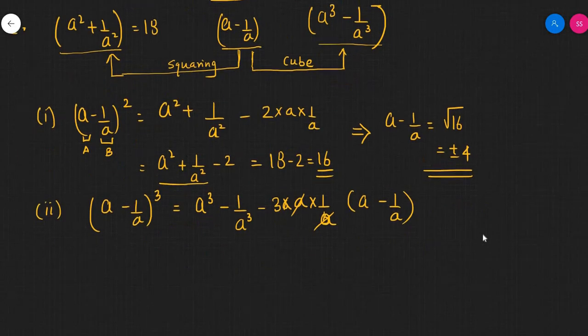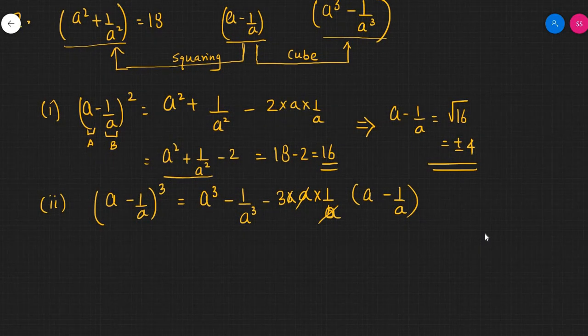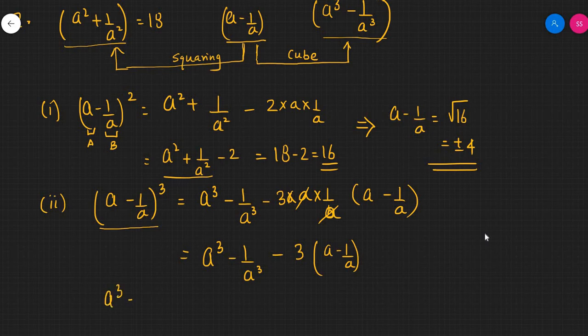So you can substitute what a minus 1 by a is, which you got from the previous step. You have a cube minus 1 by a cube minus 3 times a minus 1 by a. So it implies that a cube minus 1 by a cube is a minus 1 by a the whole cube plus 3 into a minus 1 by a.